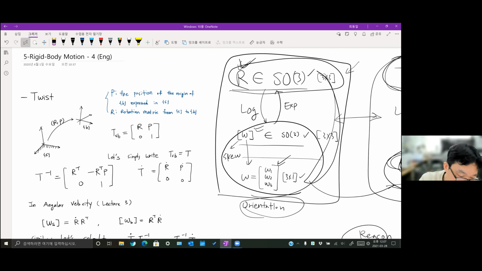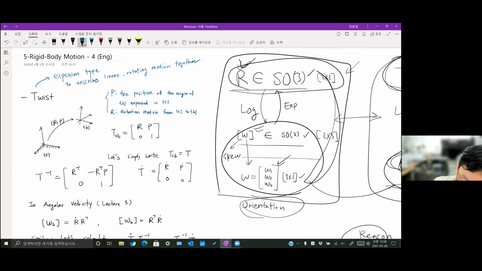If I simply say, the twist is some kind of expression type to describe linear and rotating motion together.